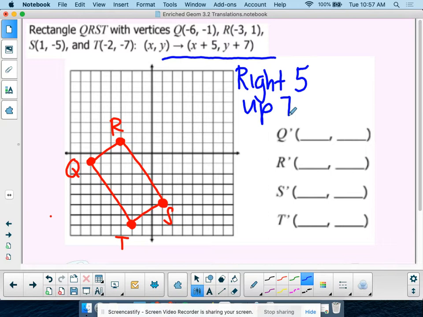So I'm going to take Q, and I'm going to go 1, 2, 3, 4, 5. 1, 2, 3, 4, 5, 6. So that's my new home for Q, Q prime. So now you're going to do that for all your other points.